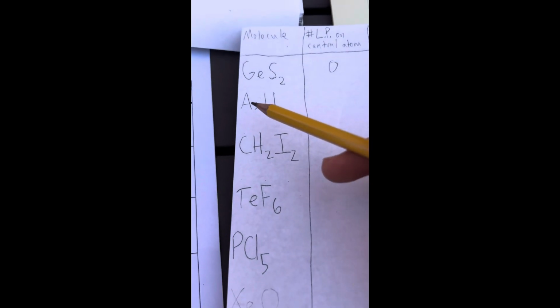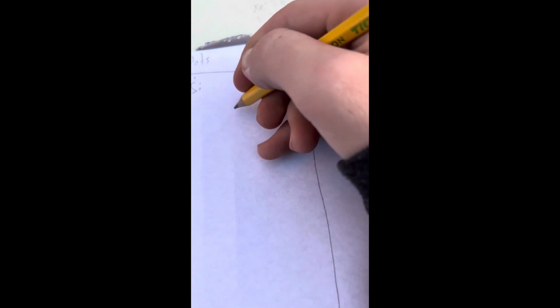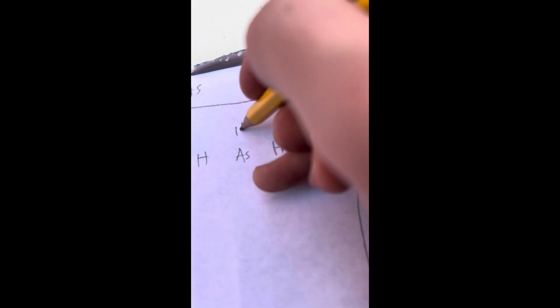Next up, for video 10, is AsH3. So we're going to have arsenic as our central atom. I'm going to do it a little bit to the right to save space. So arsenic in the center, and we're going to have 1, 2, 3 hydrogens.